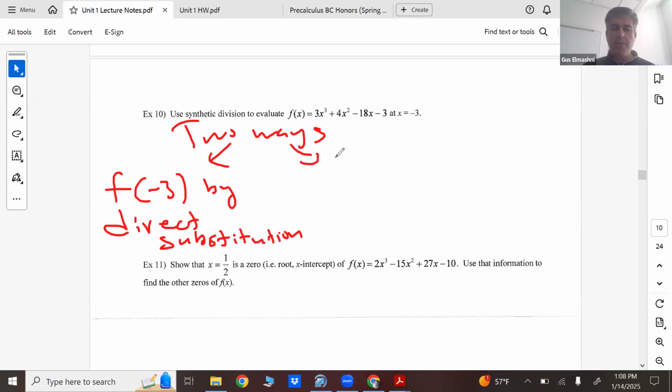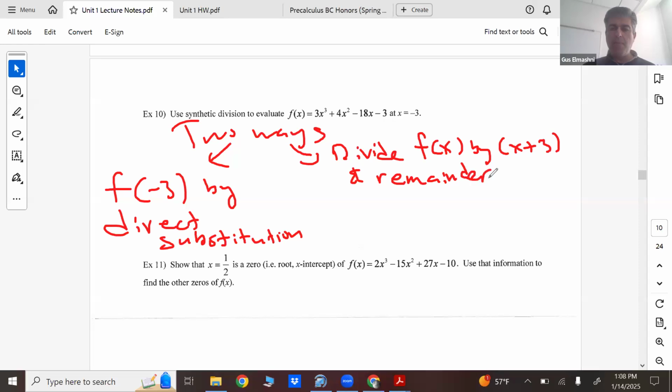Or you could divide f of x, and the remainder equals f of -3.